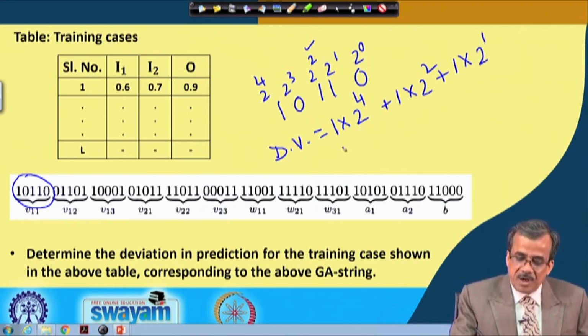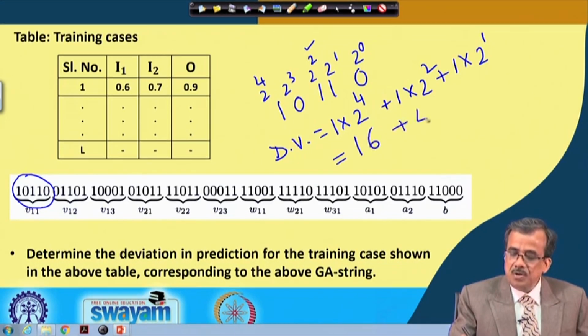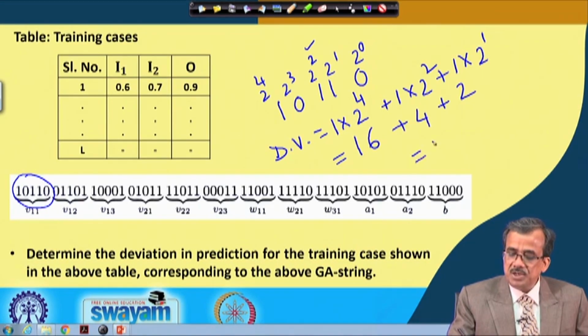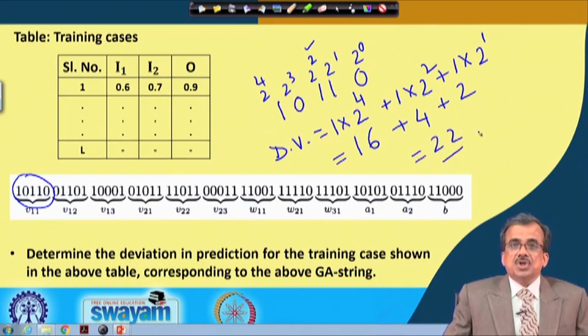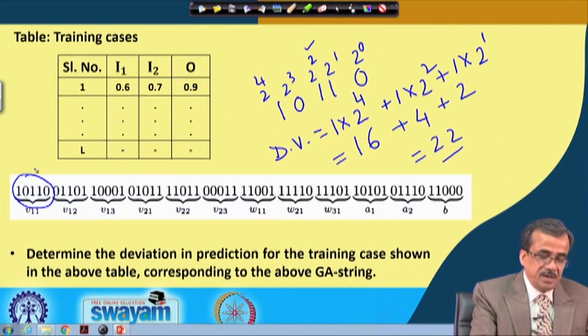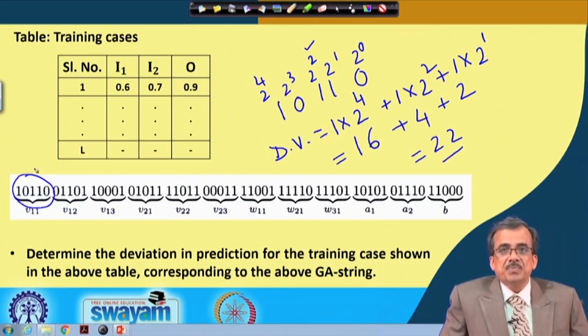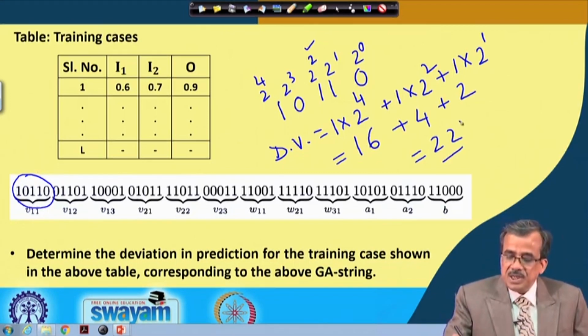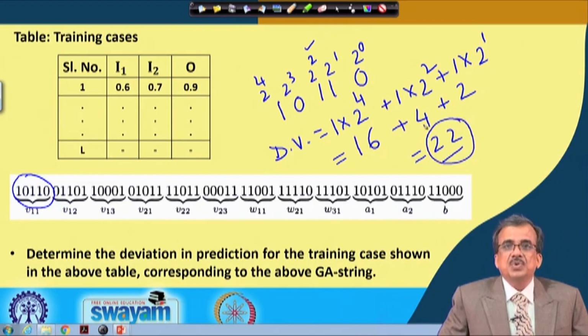Now, this is your 16, this is your 4, and this is 2. So, this is nothing but 22. So, the decoded value corresponding to these 5 bits used to represent V11 is 22.